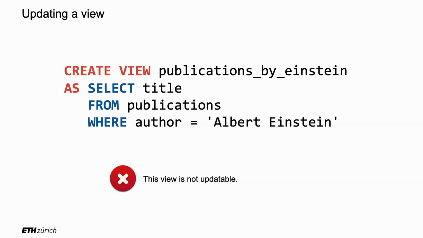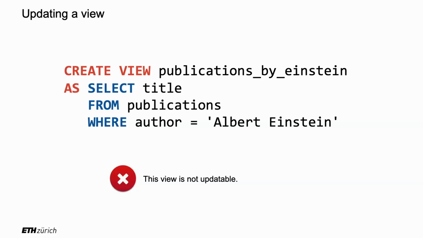Yeah, awesome. So now, coming back to this query. The reason I cannot update this view is that my original table has 3 columns. The first one is Albert Einstein. The second one is the title that I want to update, but then I have a third column, the year.